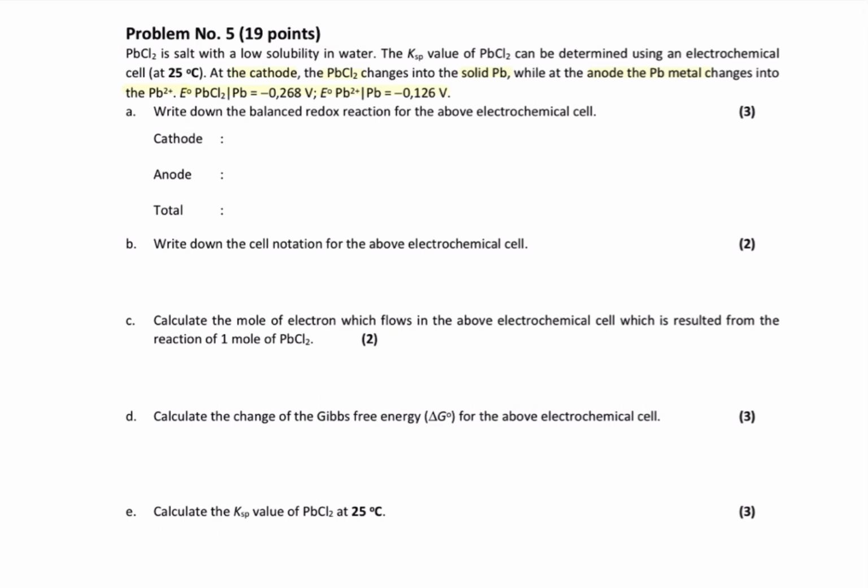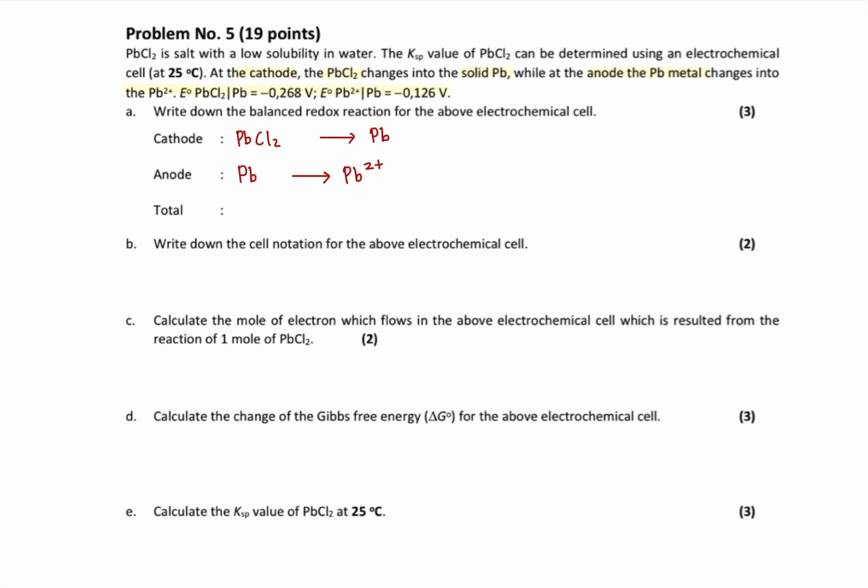So here we have the information that at the cathode we have PbCl2 which changes into Pb. So I'm going to write it down here. And then at the anode we have Pb which changes into Pb2+.